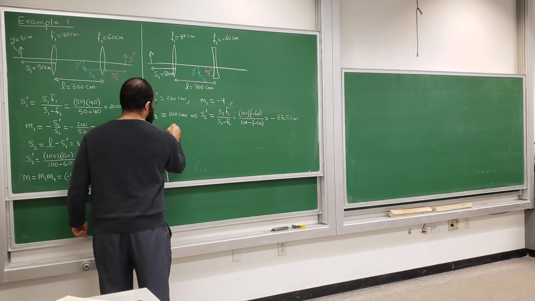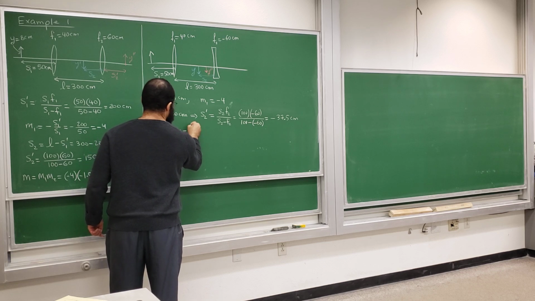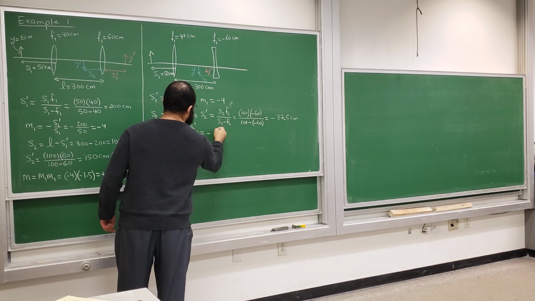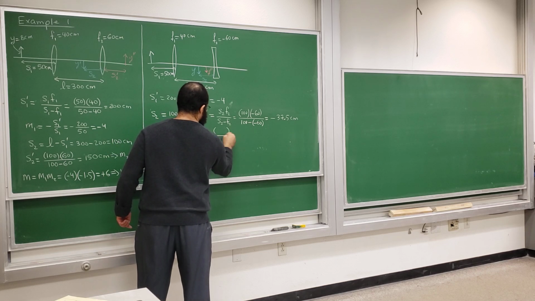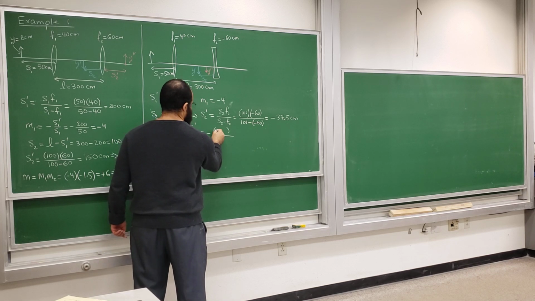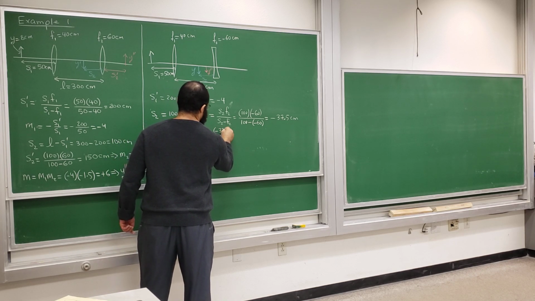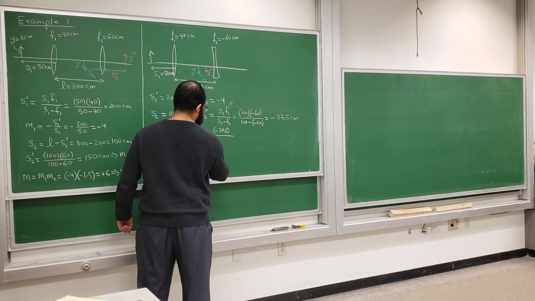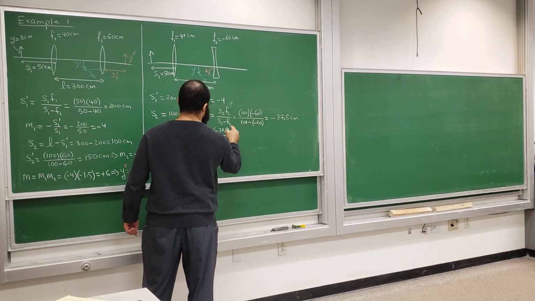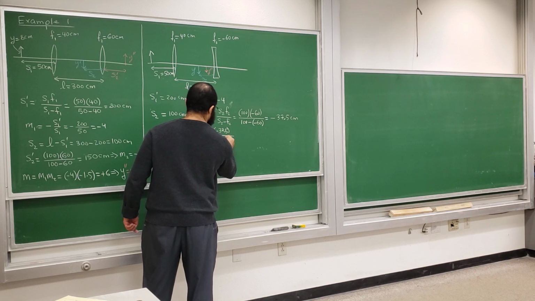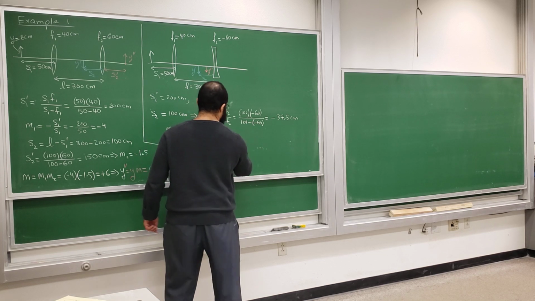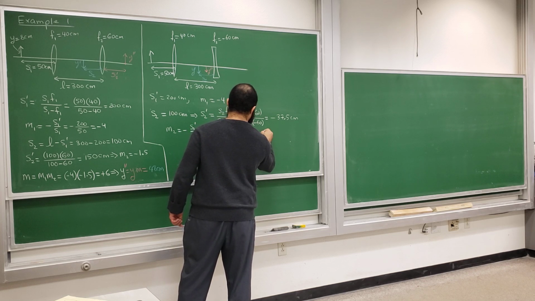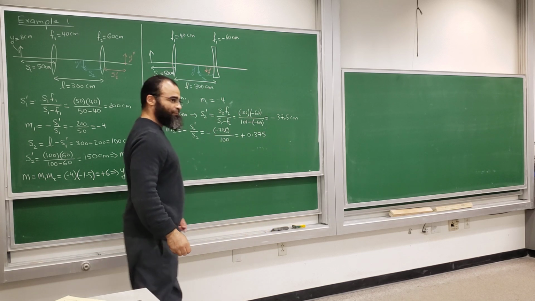So what's M2? M2 is going to be minus S2 prime over S2, right? So that's minus, what is S2 prime? Yeah, 37.5, but minus. So minus minus is a plus, and then S2 is 100. So this becomes positive 0.375. That's the magnification.